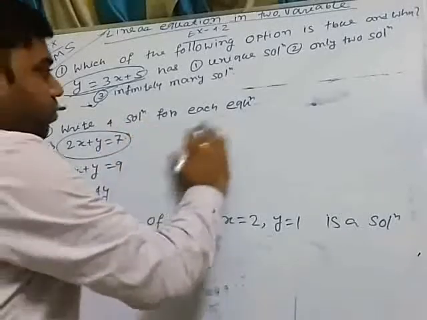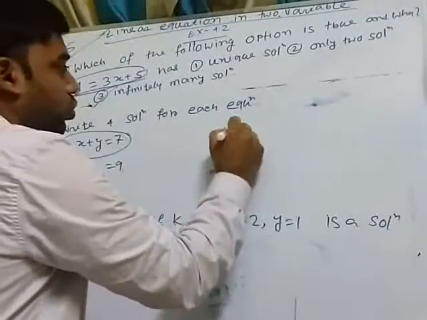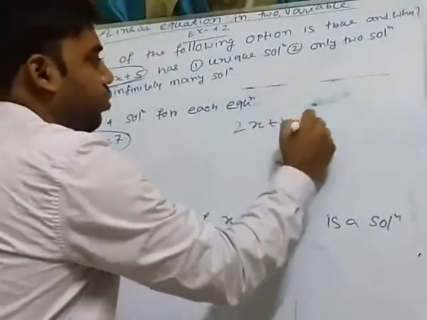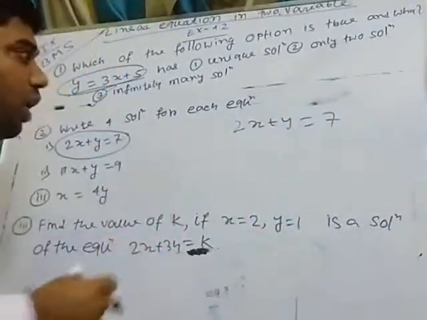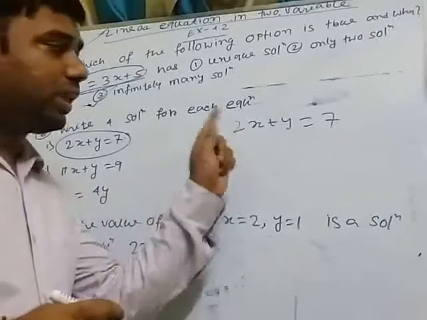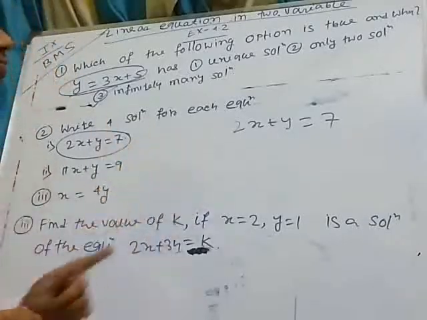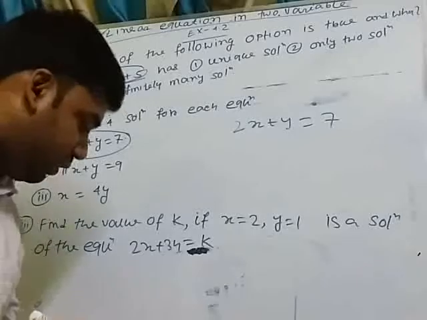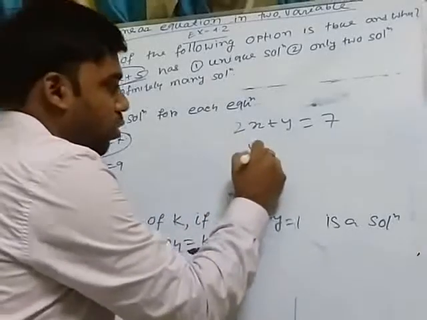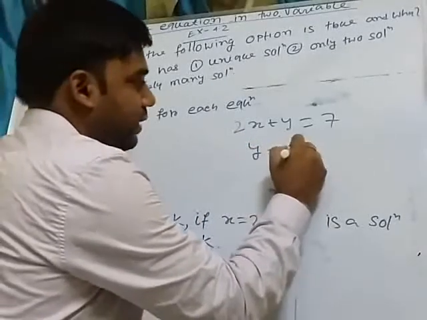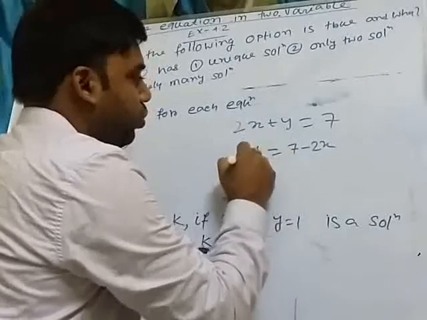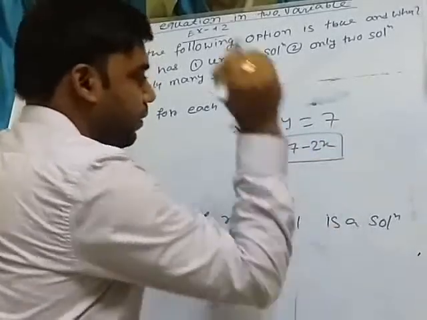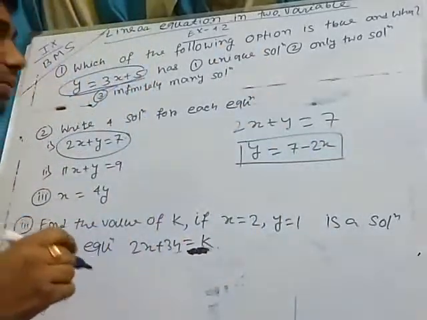Now, 2x plus y equal to 7. How do we calculate the solutions of this equation? Okay, first we express it as y equal to 7 minus 2x.